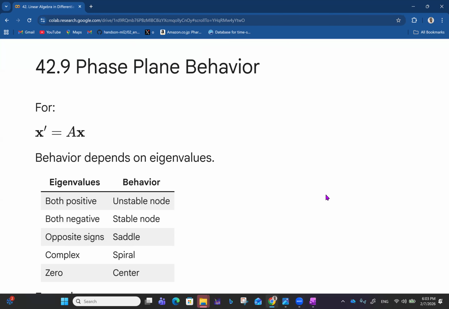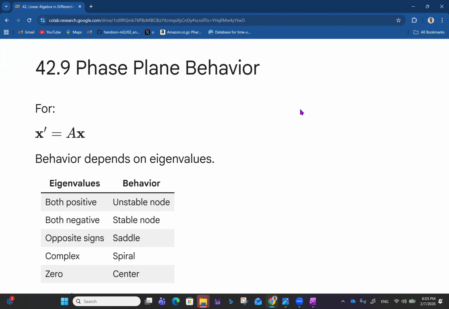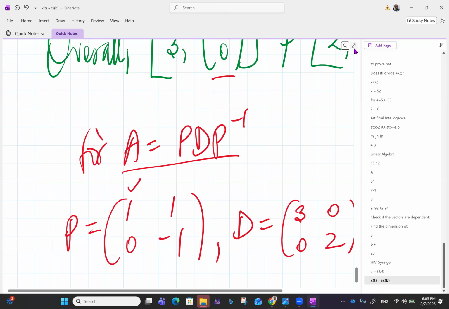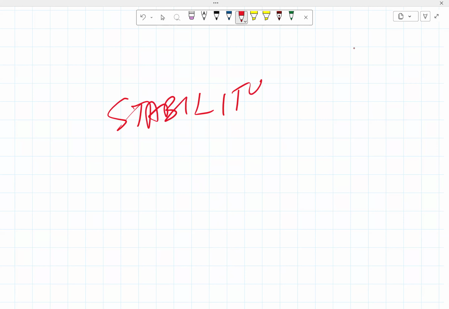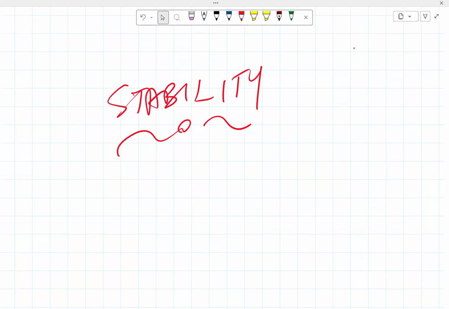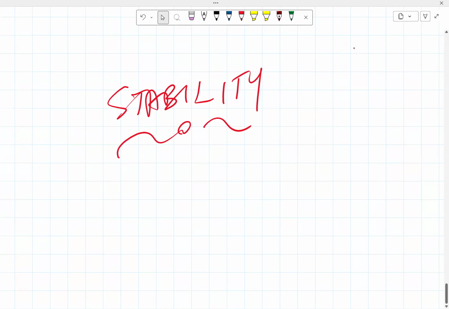Okay, maybe I should do some drawing to explain as much as possible. So imagine now we're talking about stability, and these cases are based on eigenvalues.